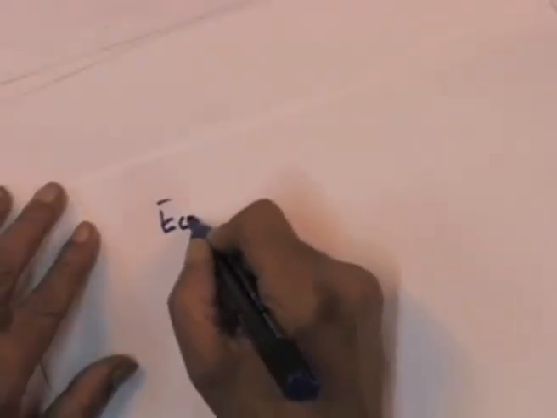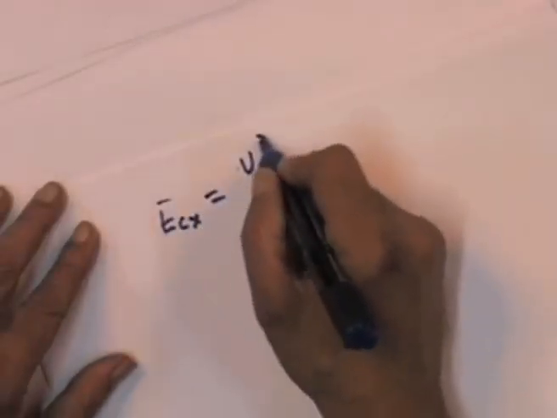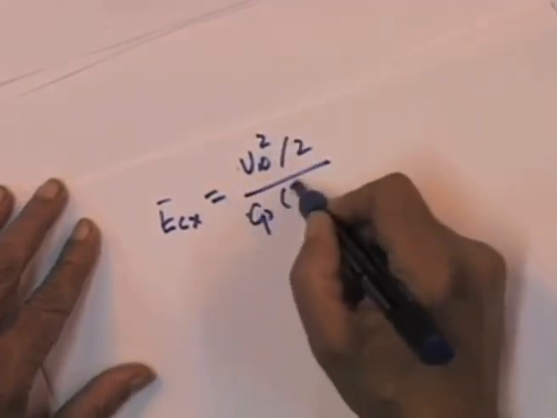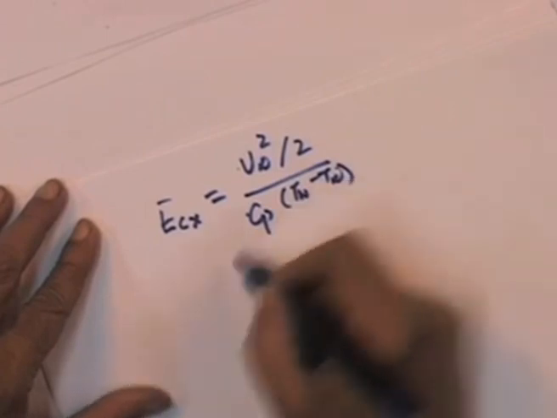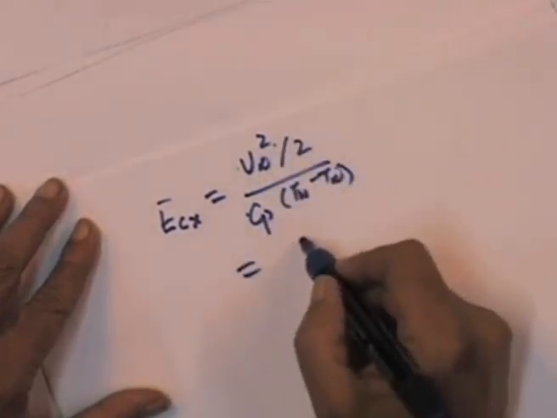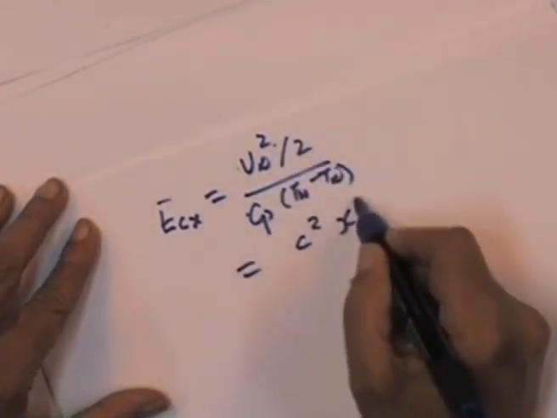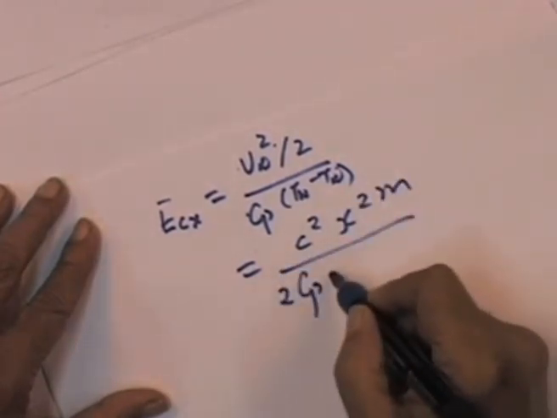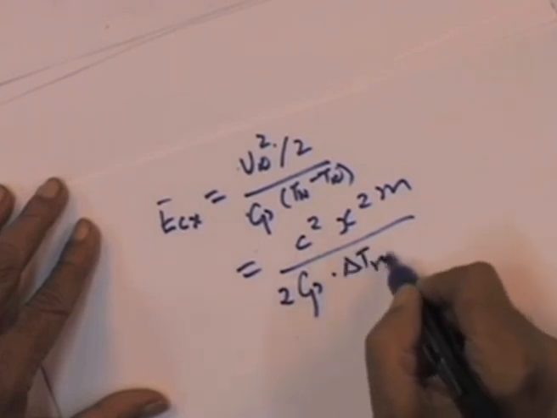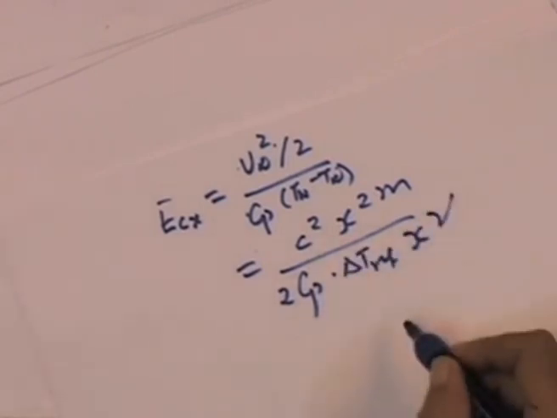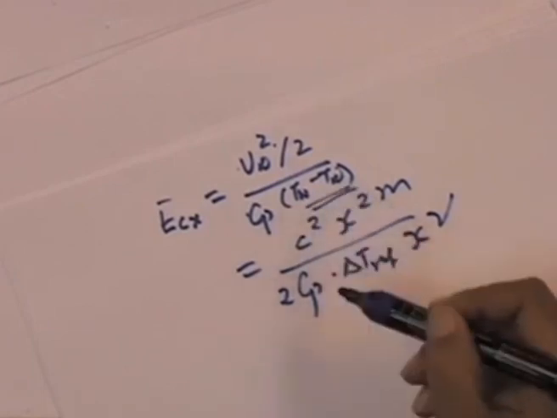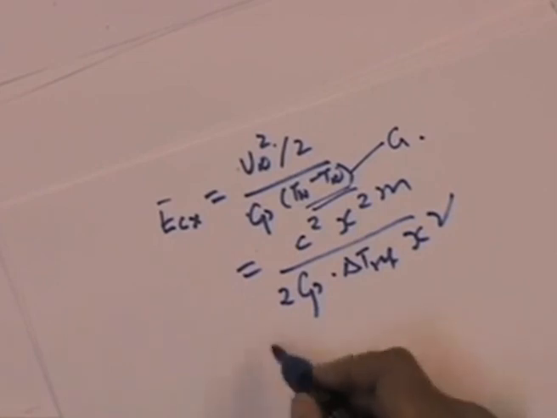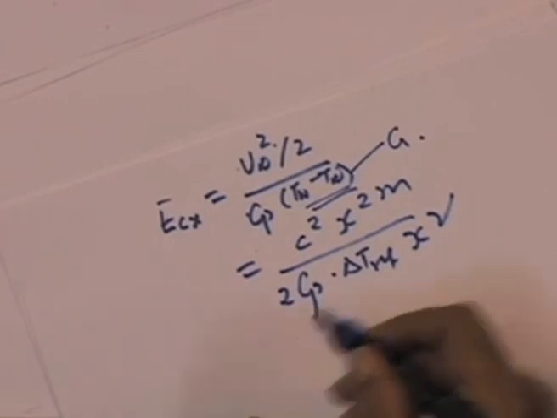E C x is u infinity squared by 2 divided by C p into Tw minus T infinity, and this is equal to C squared x raised to 2m divided by 2 times C p, and this is delta T ref x raised to gamma. G is Tw minus T infinity, which is G. G is that, and therefore, E C x will be constant.